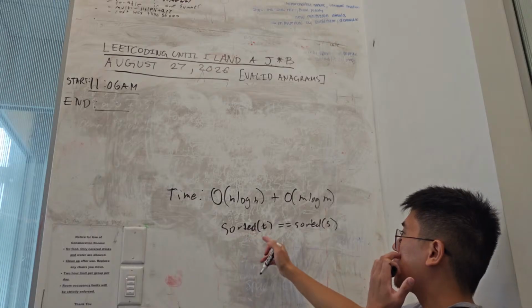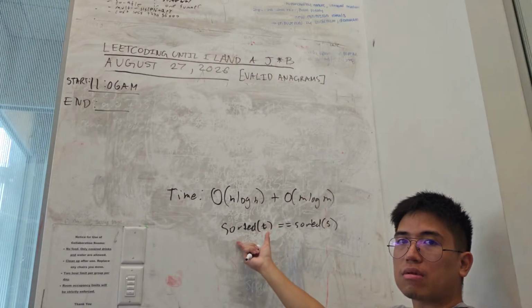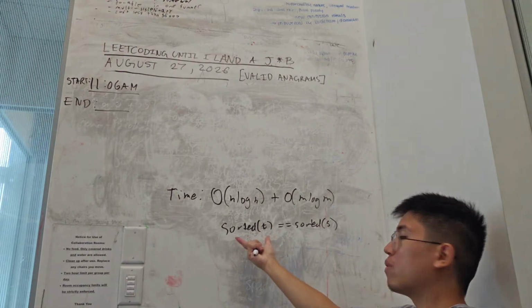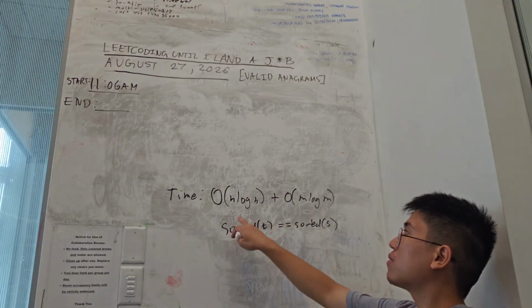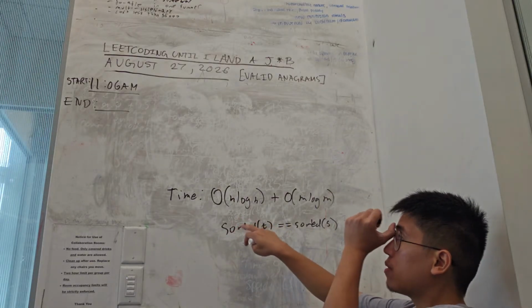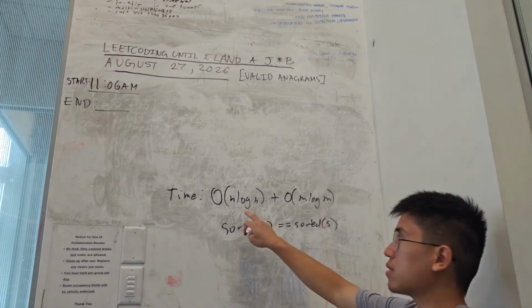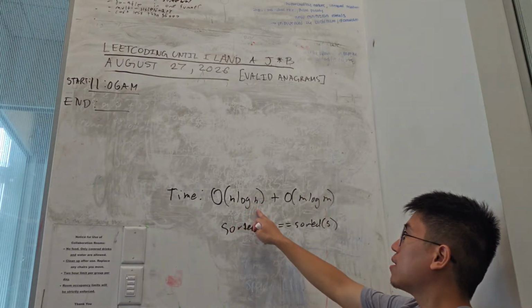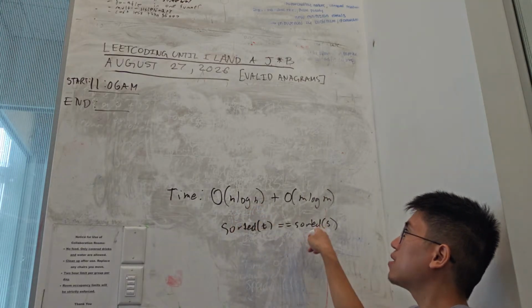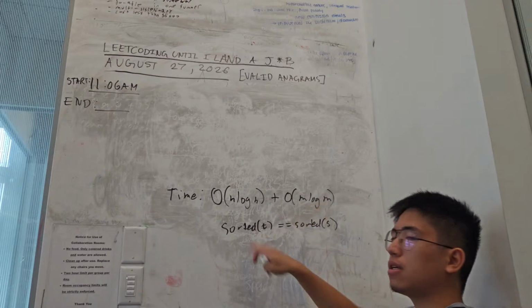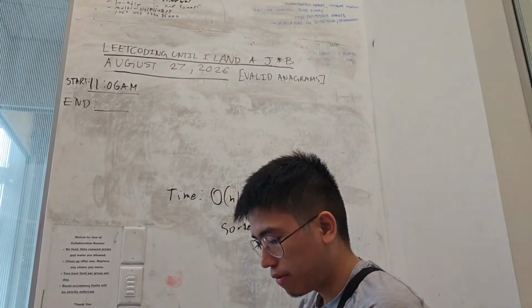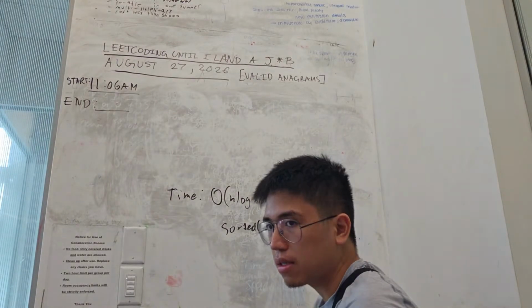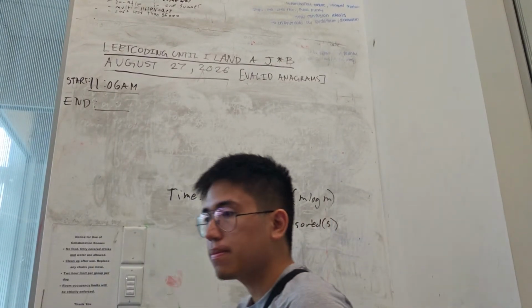When we're performing this function call, it's going to result in worst case, best case, whatever case, n log n for S and m log m for T, such that n is the length of S and m is the length of T, right?